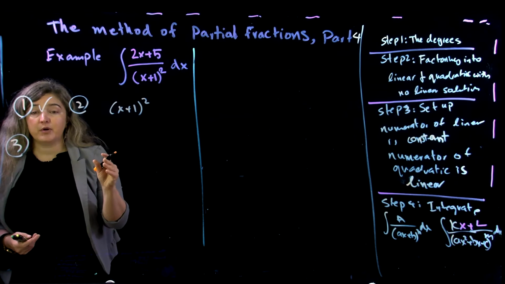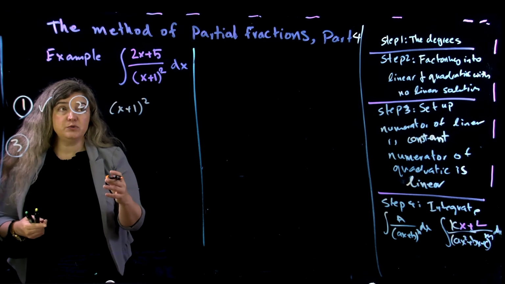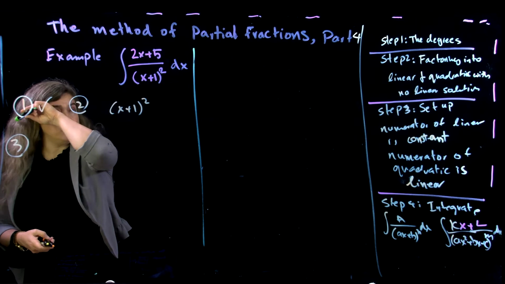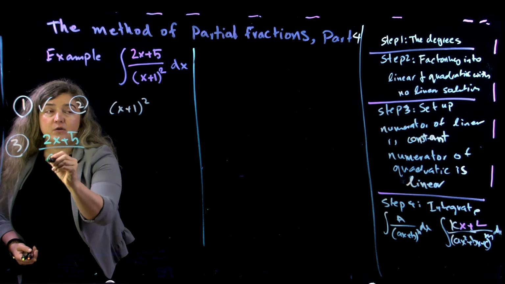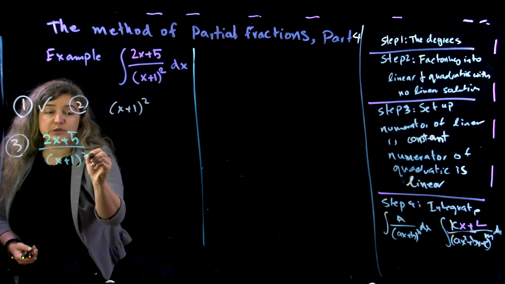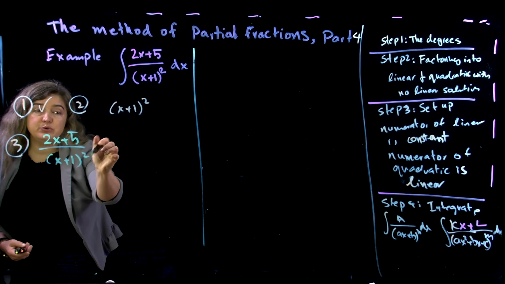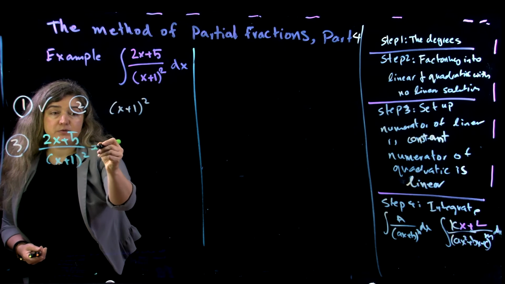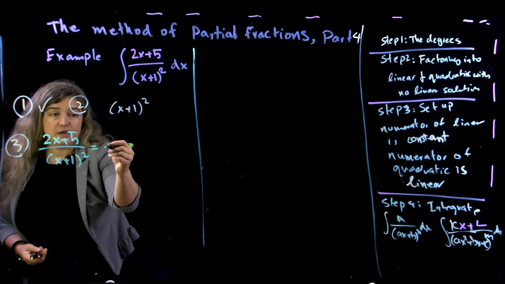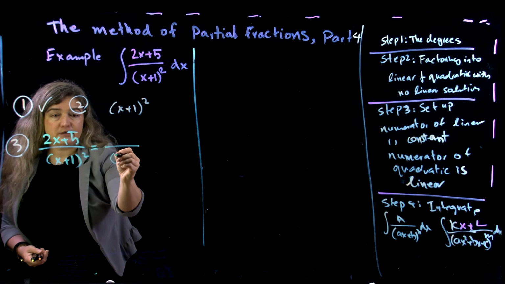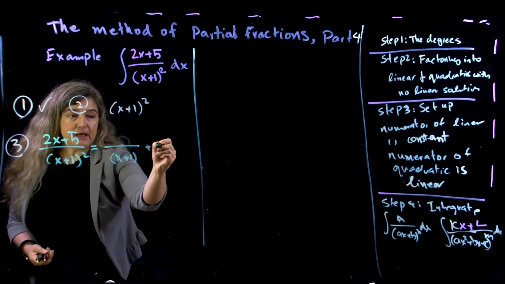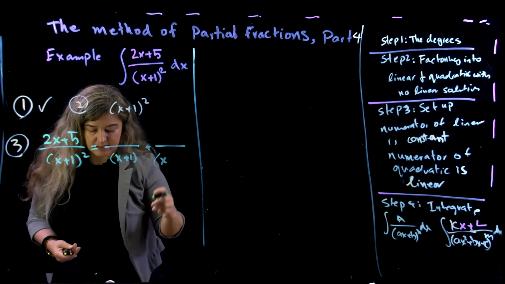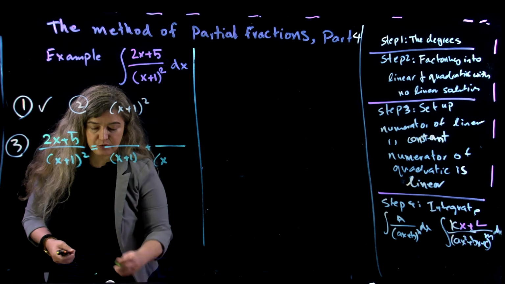So if you remember, what I need to do is set up the integrand, which is 2x plus 5 over x plus 1 to power 2, and that's power 2, so I want to set it up into one fraction to the power 1, and then another one that is power 2.